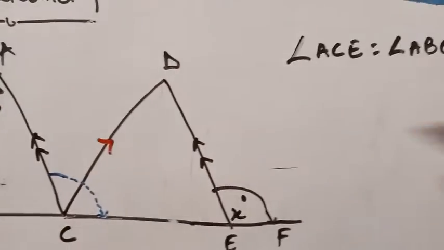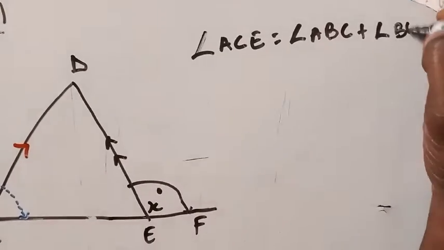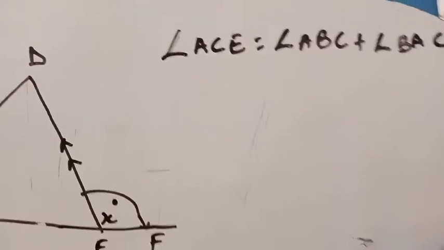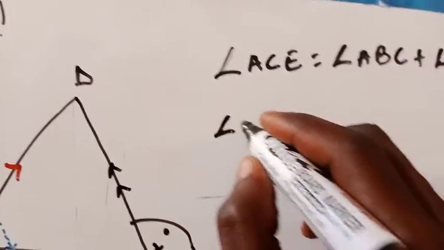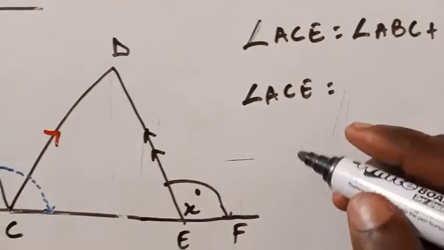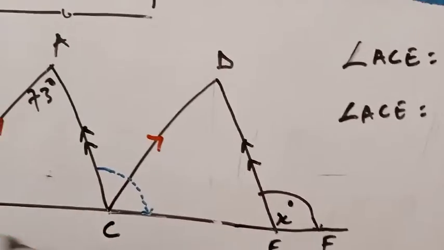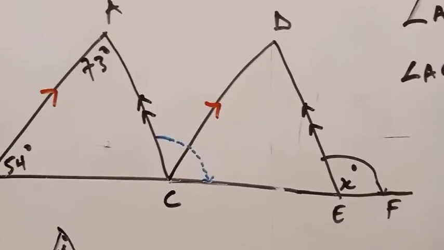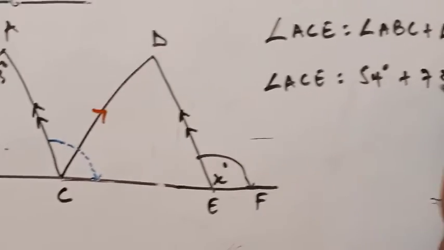Here I'm going for B, A, C. So which are these? This one we don't know, so you stay as it is. Angle ABC was equal to 54 degrees, plus the other one, which is 73 degrees.